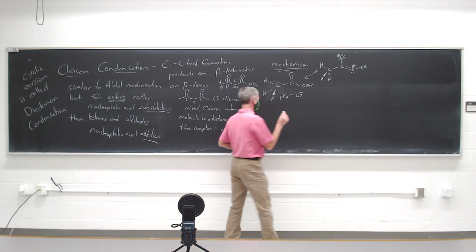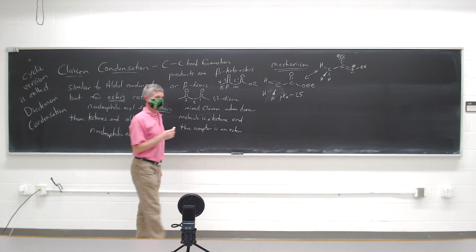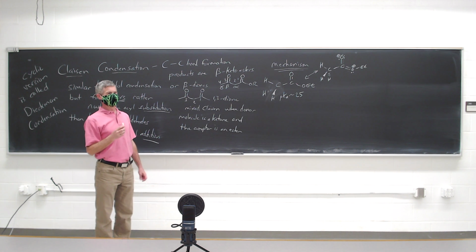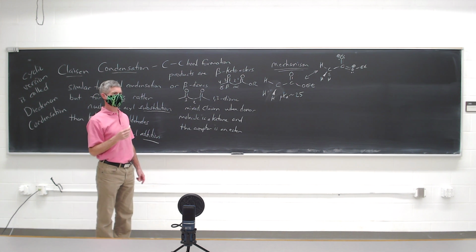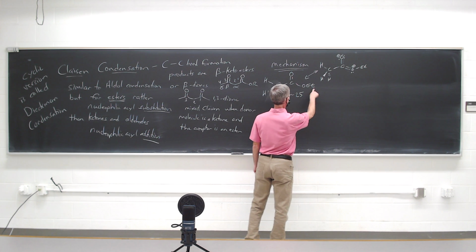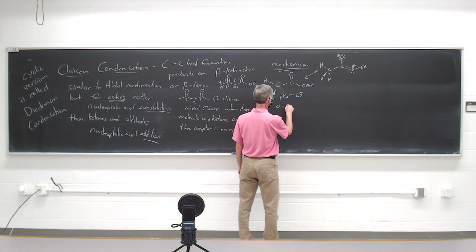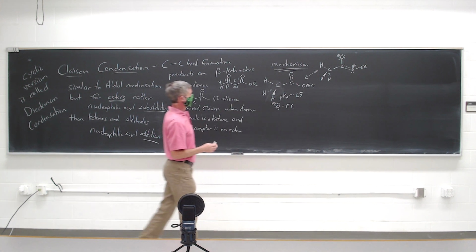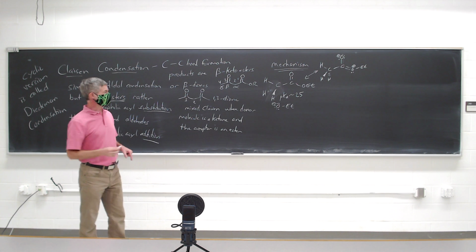What base do you think we'd like to use to take that hydrogen off? It takes more forcing, and I'm guessing it's not hydroxide. So the key to that question is noticing that if we were to use hydroxide, hydroxide would simply hydrolyze the ester.